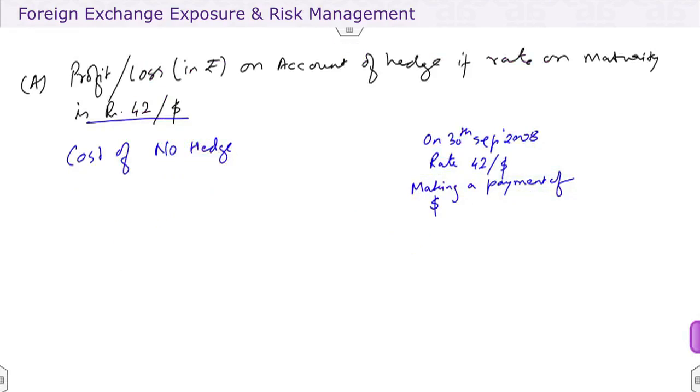So USD 50,000 at 42 to a dollar becomes rupees how much? 42 into 50,000, so this is 21 lakhs. This is when you're doing no hedge, that is without hedge.